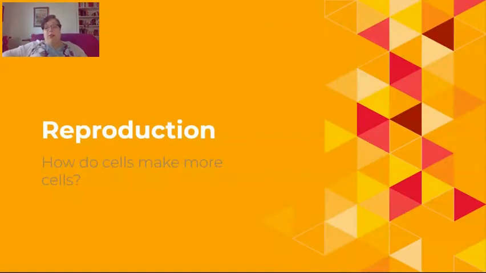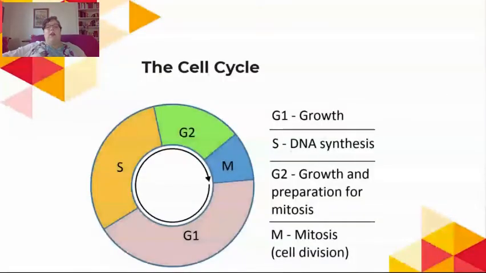So, let's focus on reproduction, by which we mean how do you go from one cell to many cells? And it turns out that cells spend most of their time in this cycle. Right when a cell is first created, it is in its G1 phase.